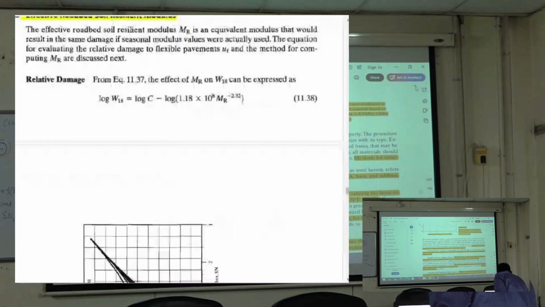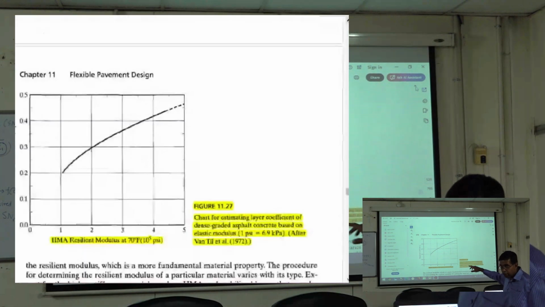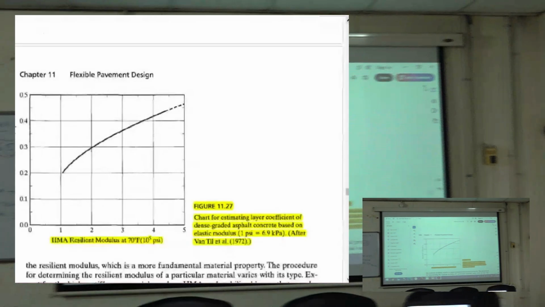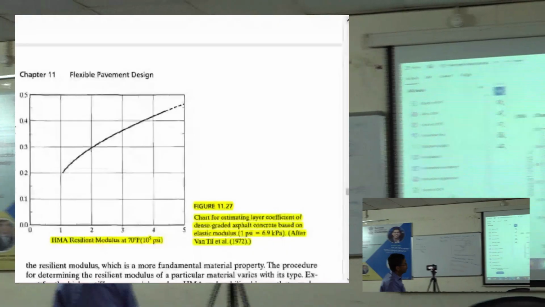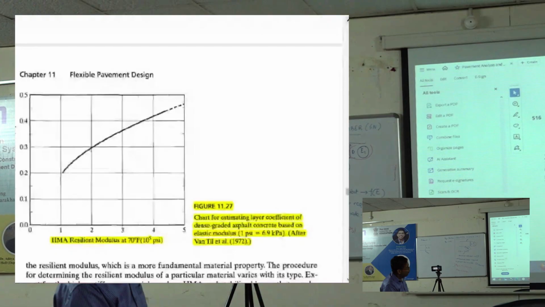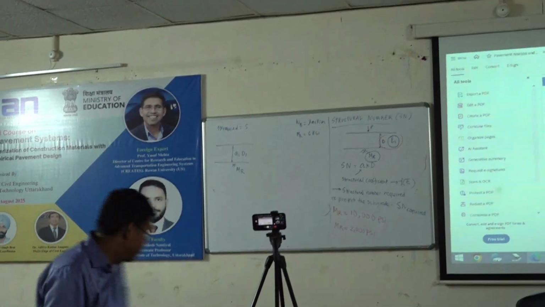So the A value, this particular figure, 11.27, if you want to write this down, we'll have to go back and forth. Figure 11.27 gives you the A value of the asphalt, the typical A value for the asphalt for a certain resilient modulus. So A of HMA, correct?